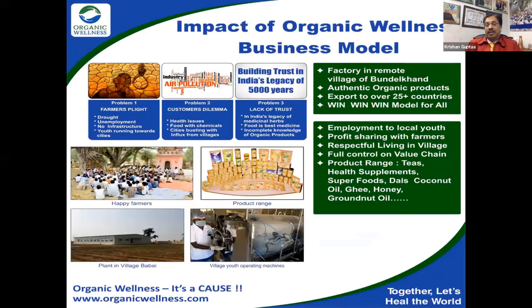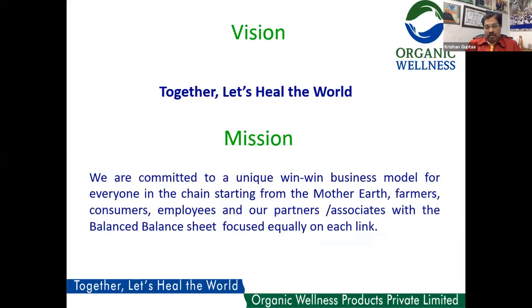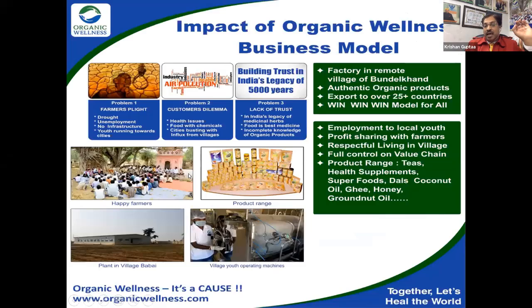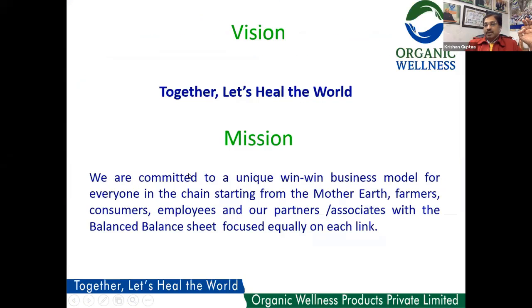Our vision is together, let's heal the world. The purpose of our vision is to make sure we are in a win-win situation where everyone in the chain, starting from Mother Earth to the farmer, consumer, employees, partners, associates, everyone wins. Because as of now, most of the businesses we operate are I win, you lose.